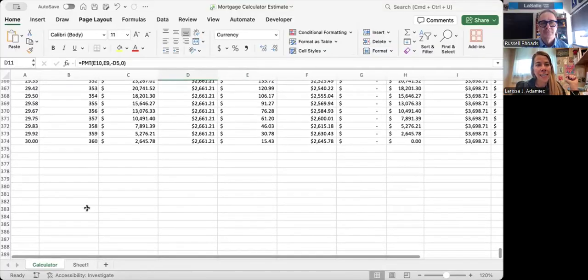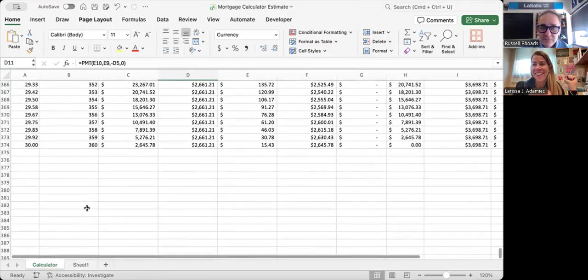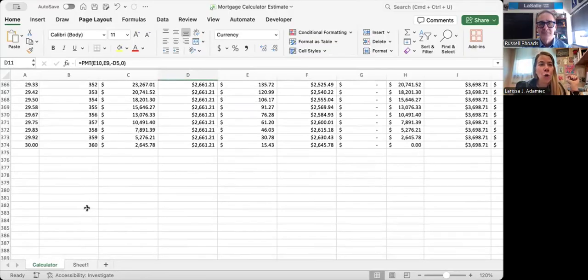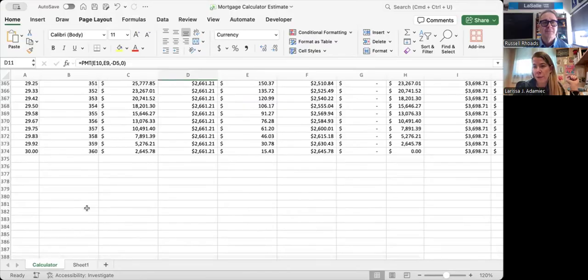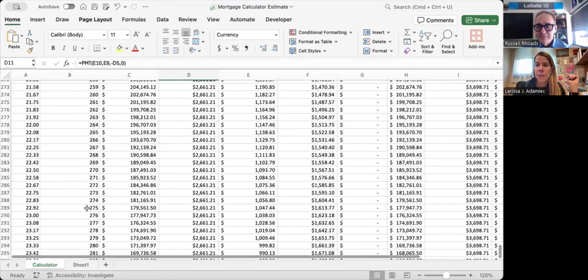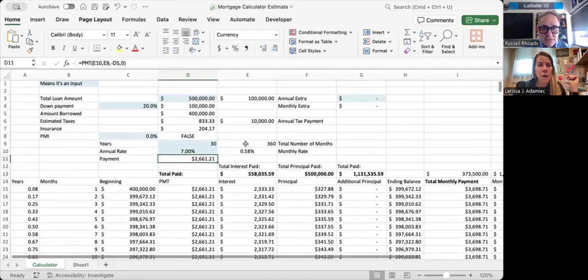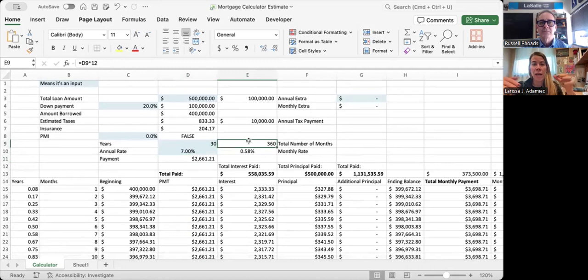Once we start to get into a 30-year mortgage, we have substantially more payments to take care of because it's 12 payments per year. So we're looking at, is that 362? Did I do that right? So we're looking at a substantial number of payments, and you can just copy and drag.